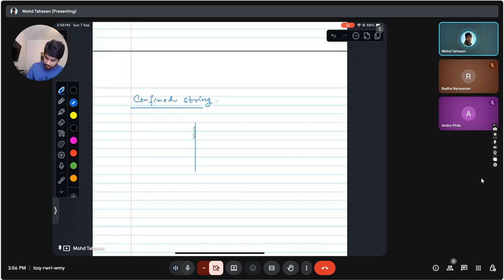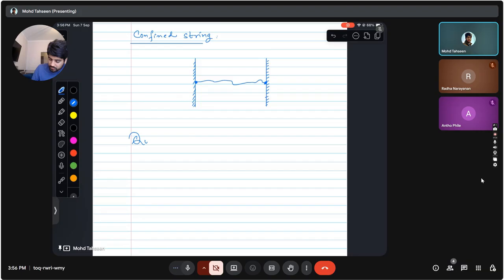So now if I take the same string and confine it on both ends, and I ask the same question again: what shapes, or now in this case I will directly write wavelengths, because we have seen that wavelength corresponds to shape and vice versa, right?